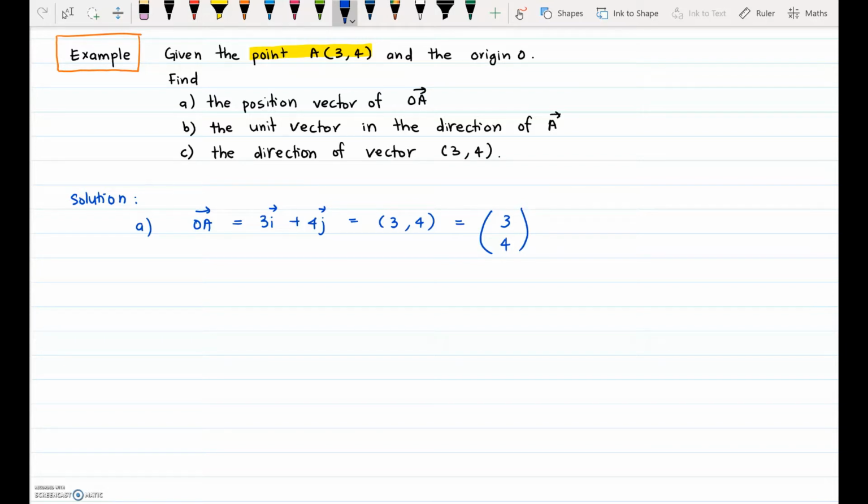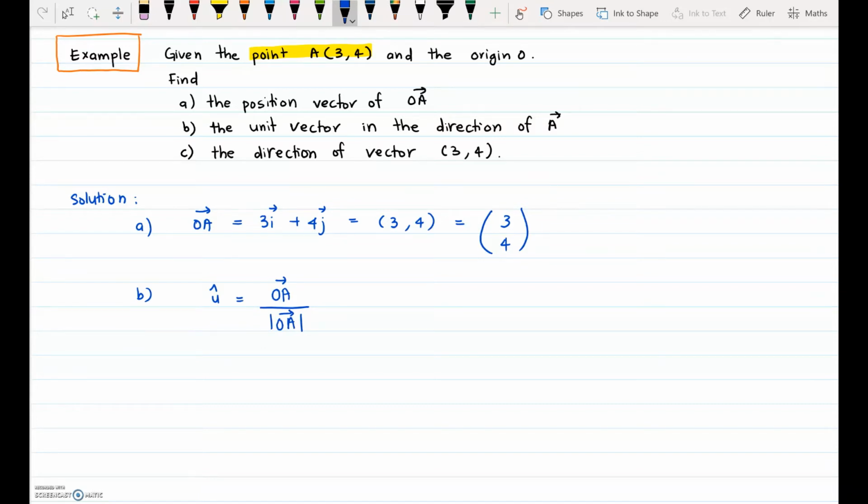Now for B, find the unit vector in the direction of A, meaning you want to find the unit vector of OA. The formula for the unit vector is the vector OA divided by the magnitude of OA.